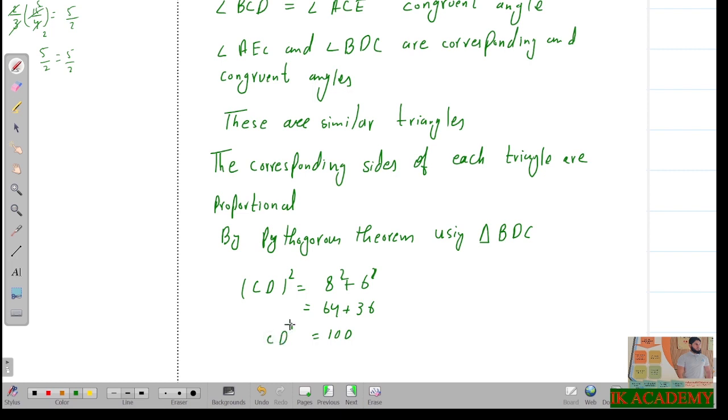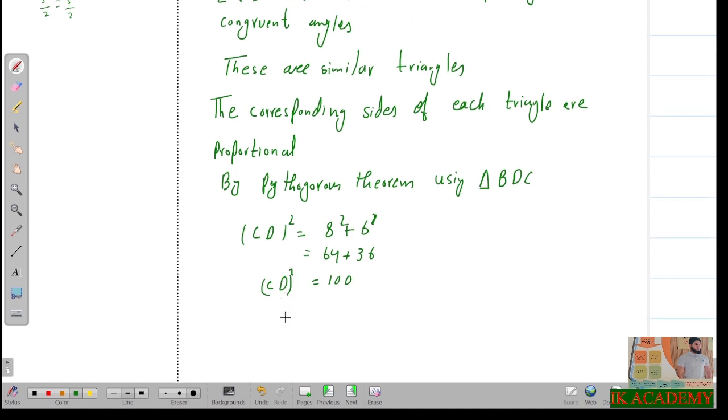This one was CD square. So CD will be equal to 10.